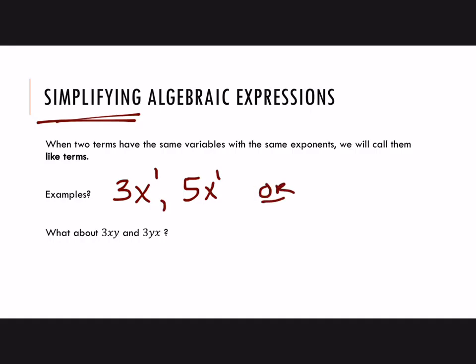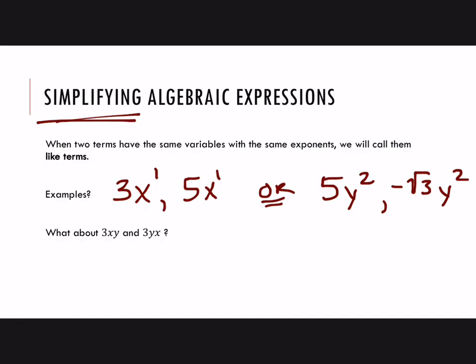Okay, another example of like terms would be 5y squared and negative square root 3y squared. Okay, so same variables, the y's, same exponents, the 2's, okay, and then just different coefficients. What about 3xy and 3yx?